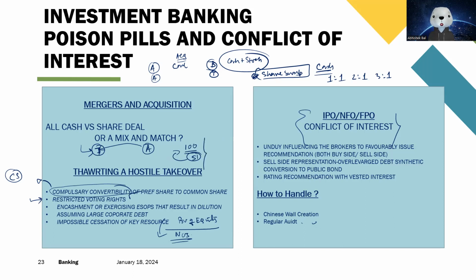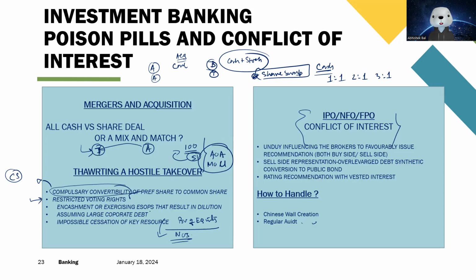Now, such an arrangement must be mentioned beforehand in the charter, the articles of association or the memorandum of understanding of the company from the inception days itself, which is called restricted voting rights.